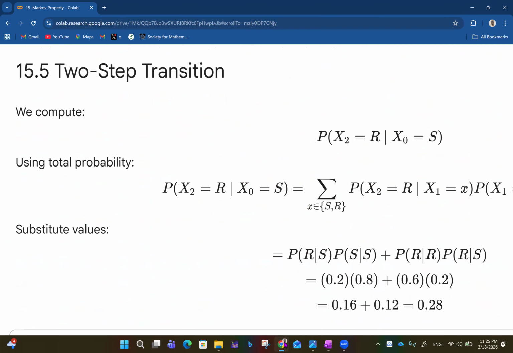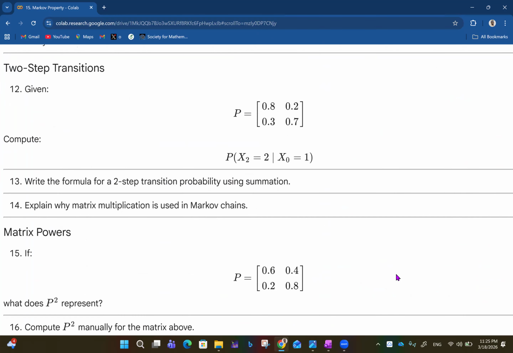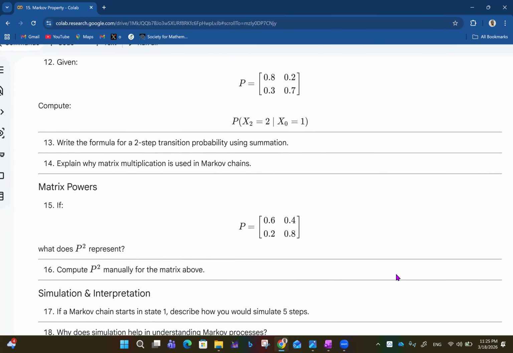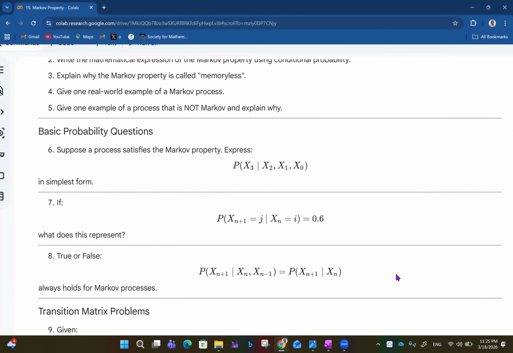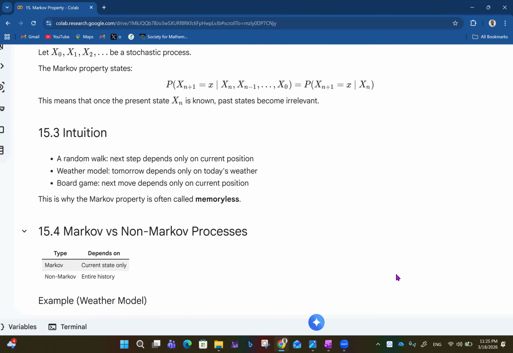Okay, I think with this, I'll leave it to you to take care of the other practice problems. So I did 12 already. Write the formula for a two-step transition probability using summation. Okay, that still refers to the summation formula I have up here, the one we just did.